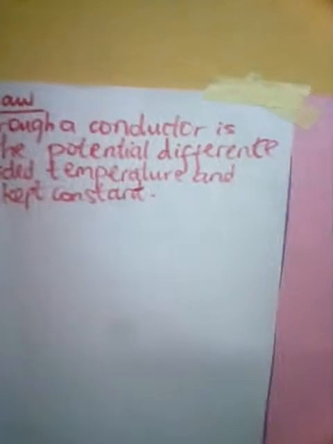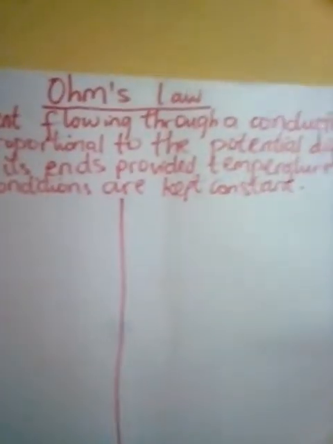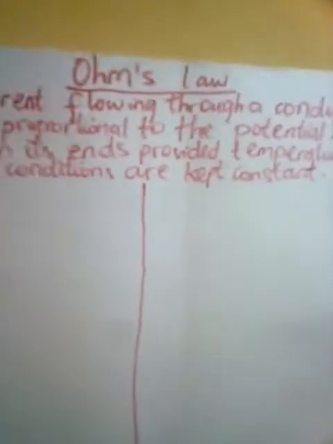Now, Ohm's law states that the current flowing through a conductor is directly proportional to the potential difference between its ends, provided temperature and other physical conditions are kept constant.